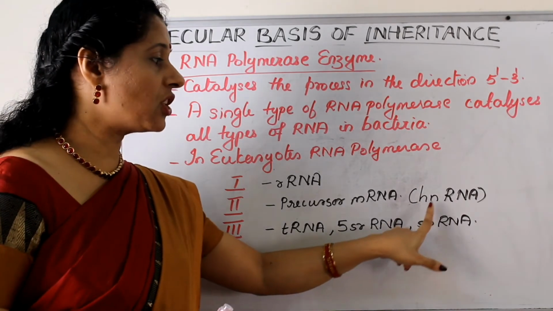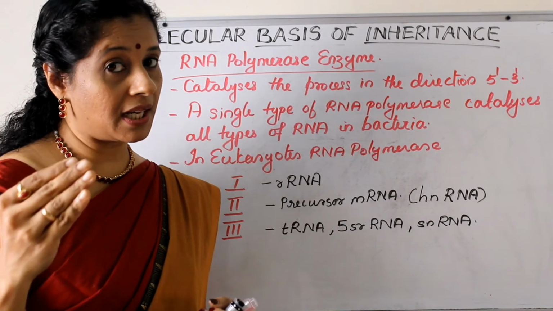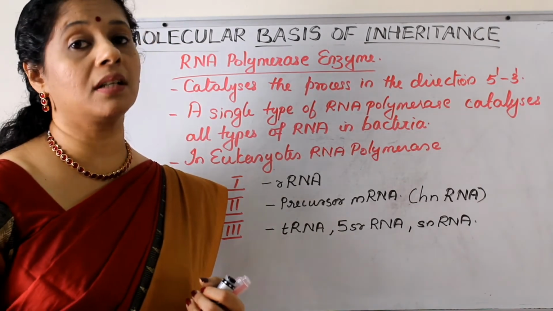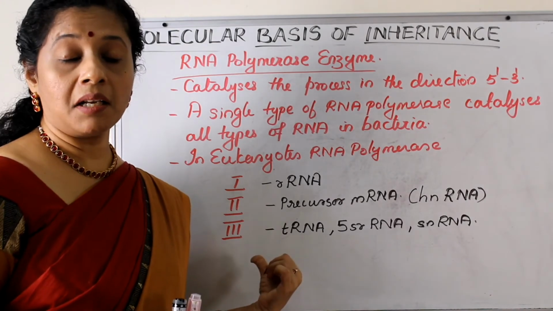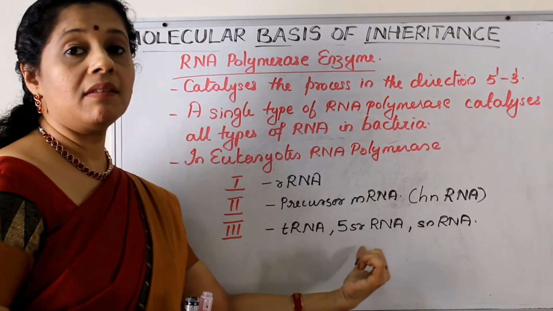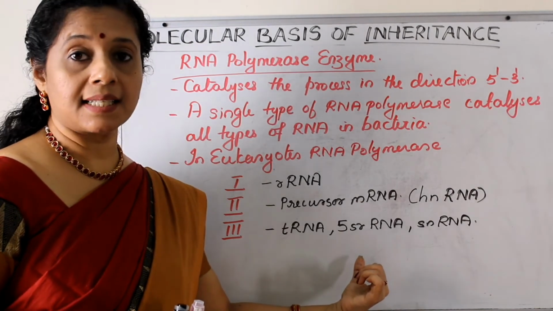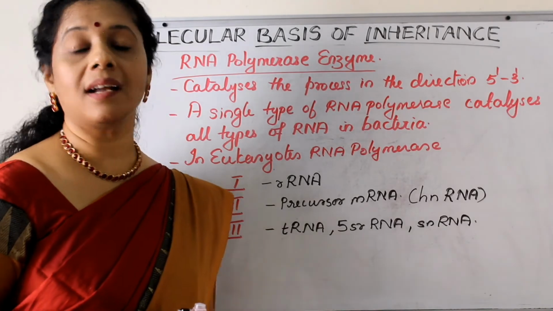It is called heterogeneous nuclear RNA because we learned it has exons and introns. It has to undergo certain processing. Now the third one, tRNA: RNA polymerase 3 catalyzes the transcription of tRNA. And 5S rRNA, snRNA: sn stands for small nuclear RNA.